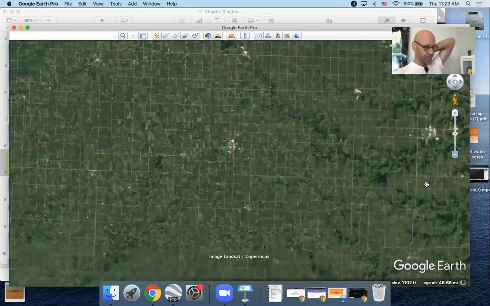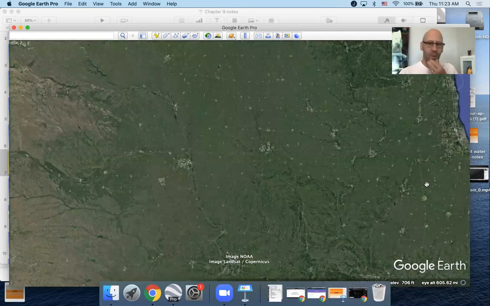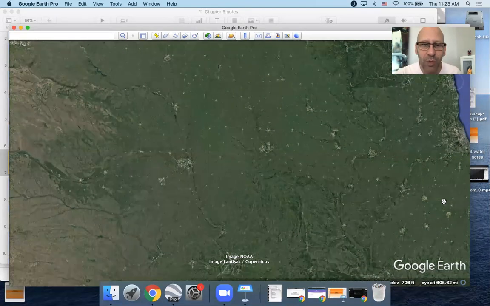Okay, so I'm going to pause here for a moment because Google Earth takes a minute to catch up. It's a lot of data to process. And I want to contrast this with what happens when we move a little further to the west. I really wanted to find one farm field, though, that looked better. Let me see if I can grab one here. This is actually Illinois, but hold on here.